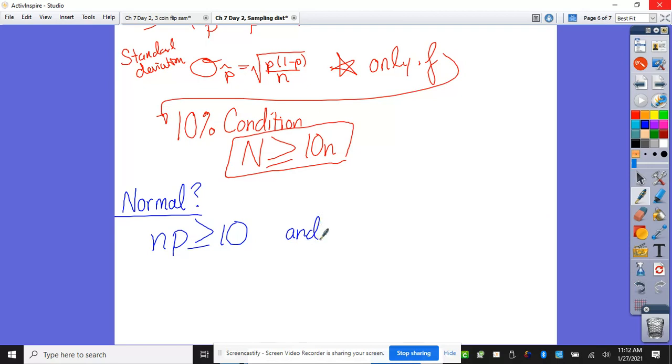So in general, what does n times p, this is the proportion of what? Whatever successes is. So our proportion of successes multiplied by our n. This is dealing with the number of successes.